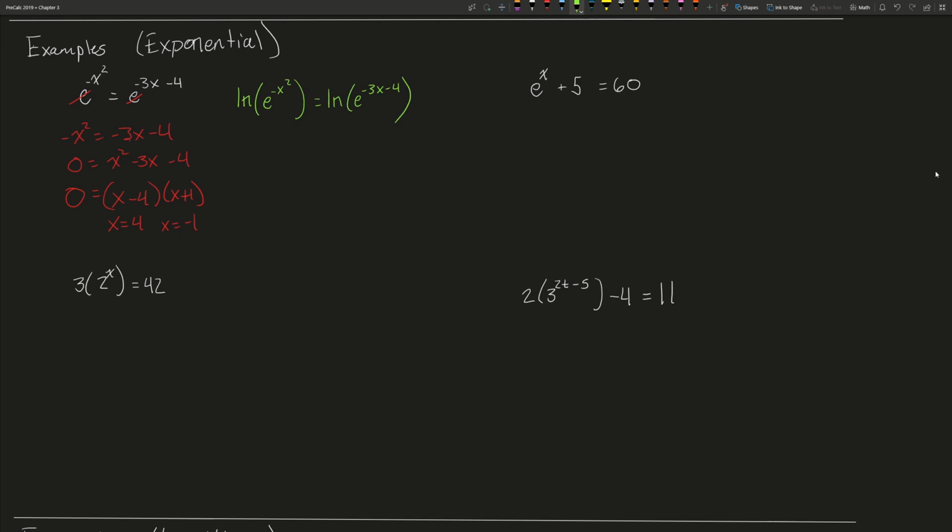Because the natural log is log base e, the natural log and the e's will cancel. And then it's the same problem as we just did in red. So we would set negative x squared equal to negative 3x minus 4, and again, x would equal 4, or x would equal negative 1. Each of these is okay to do. It's really just whatever you feel more comfortable with.